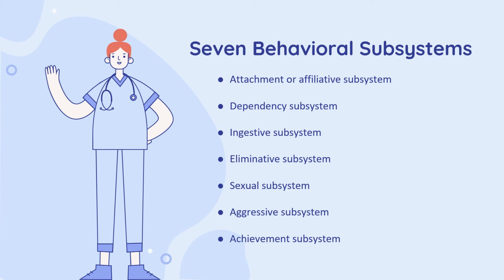When the behavioral system has balance and stability, the individual's behaviors will be purposeful, organized, and predictable. Imbalance and instability in the behavioral system occur when tensions and stressors affect the relationship of the subsystems, or the internal and external environments.